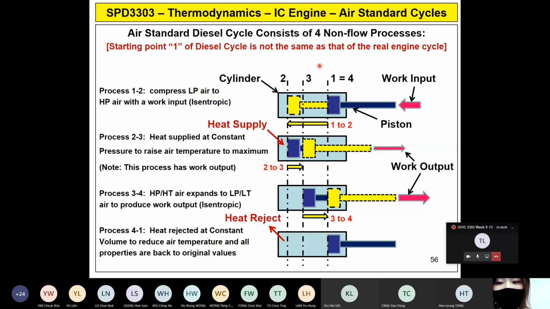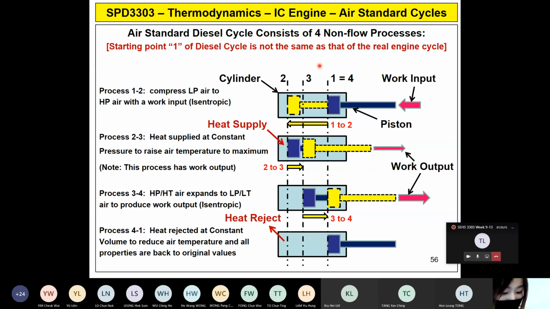Here, our major concern is the thermal efficiency. So we try to eliminate the influence caused by the combustion. So we build up an ideal model for our engine to perform the basic analysis for our cycles. We know it's not true, but we have to do it to perform our analysis.